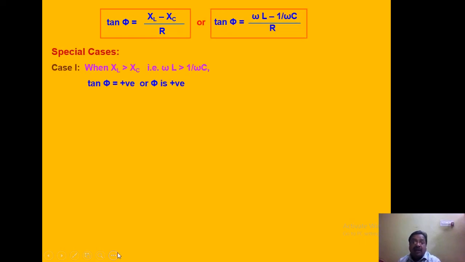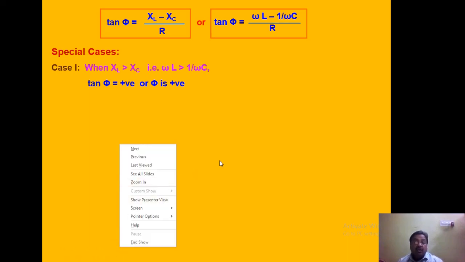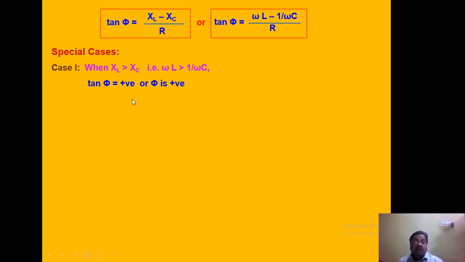So what will happen depending upon the relative value of XL and XC? Let us discuss some special cases. You see here that when XL is greater than XC, the inductive reactance exceeds the capacitive reactance. At that time XL minus XC is positive, means tan phi is positive, means phi is positive.